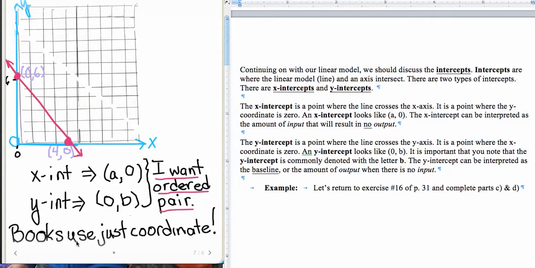And the books usually are going to give you just a coordinate. So if they say x-intercept, they'll just say the x-intercept's 4 here. And if they say the y-intercept, they'll just say the y-intercept is 6. But I want you to get in the habit of giving me ordered pairs, please.